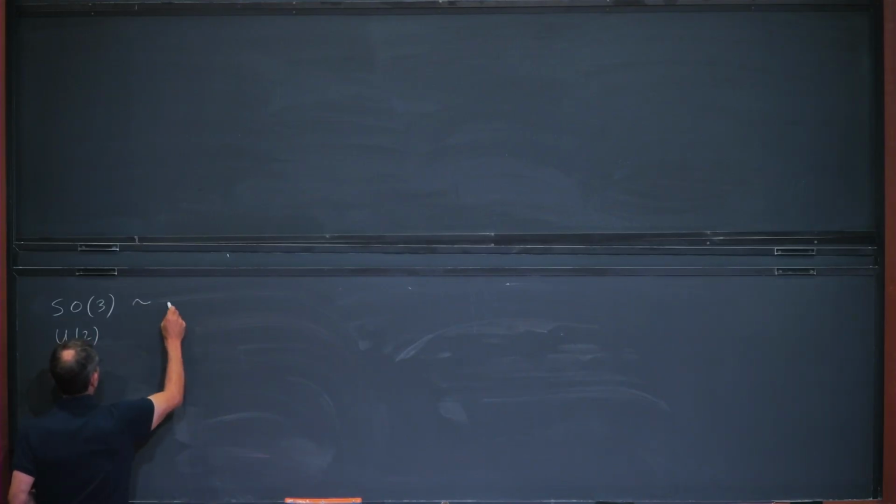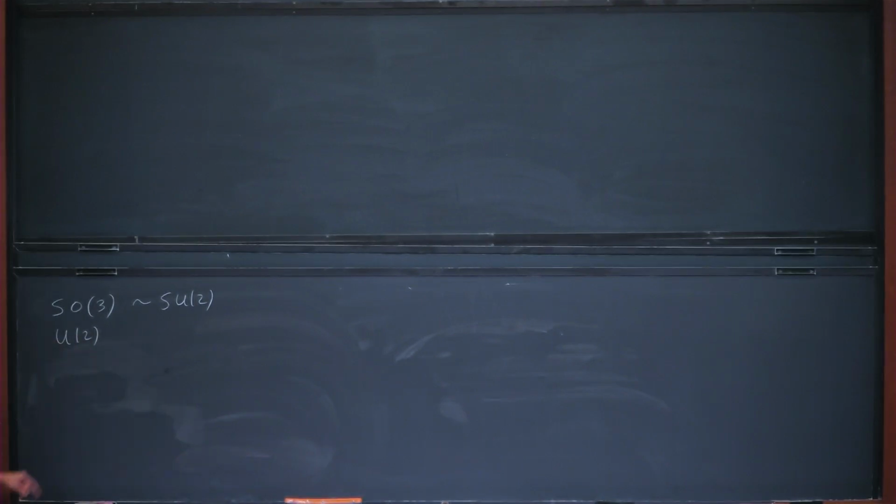SO3 is roughly equivalent to SU2 up to double covering. These are matrices with determinant 1. These matrices, on the other hand, have a free phase. It's one extra angle. And so it turns out the quantities I was looking at, one should not ask about their behavior under the rotations, but under U2.